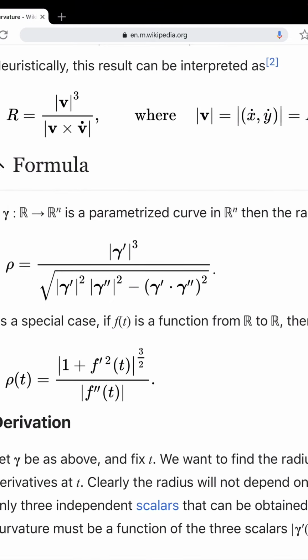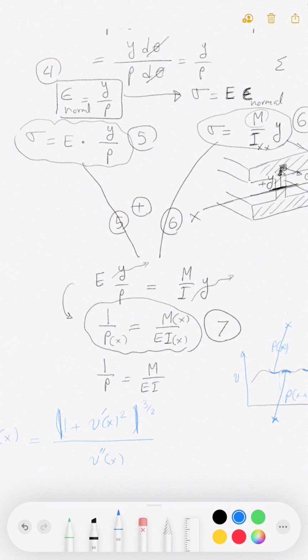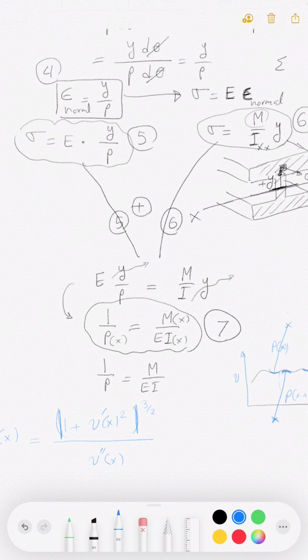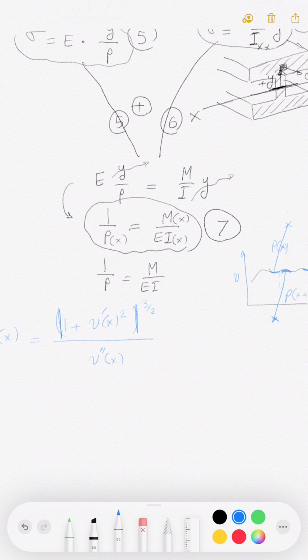Rho of t becomes rho of x, because we don't have time, here we have x. And then 1 plus f prime squared becomes 1 plus v prime squared, the entire thing to 3 over 2 divided by the second derivative with respect to x, right? That's exactly the same formula I have here.